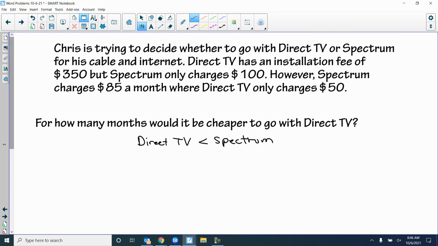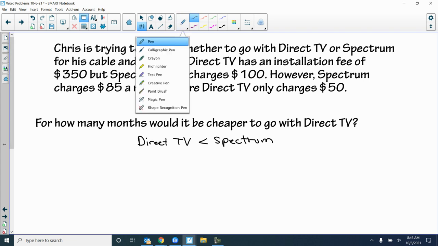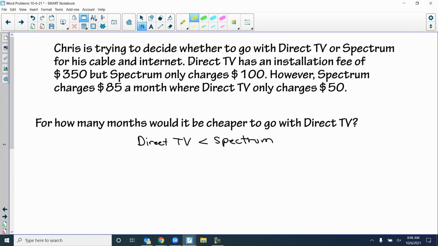What's the installation fee for DirecTV? 350. All right, so DirecTV has an installation fee of $350, and then what does DirecTV charge a month? $100. Hold on. 50. Okay, so DirecTV charges $50 a month.